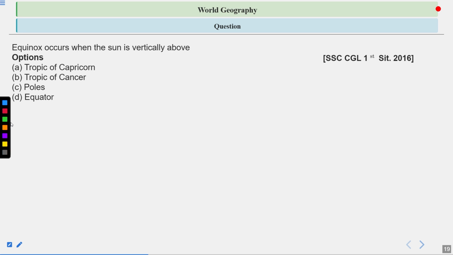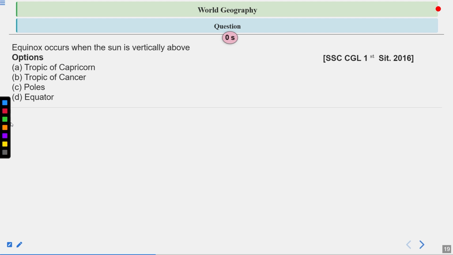Equinox occurs when the sun is vertically above Tropic of Capricorn, Tropic of Cancer, poles, or equator. And equinox is the situation that occurs two times in a year, one in March and one in September.